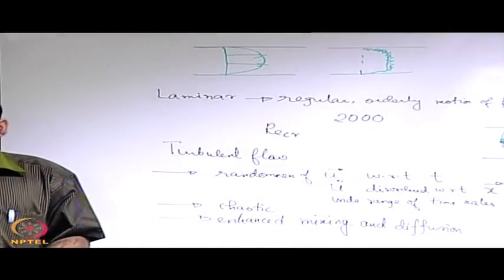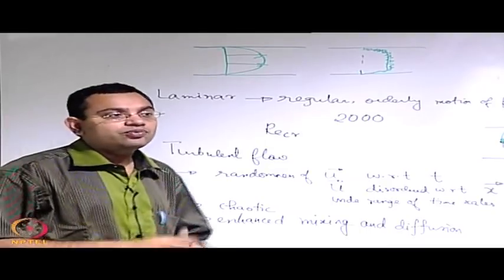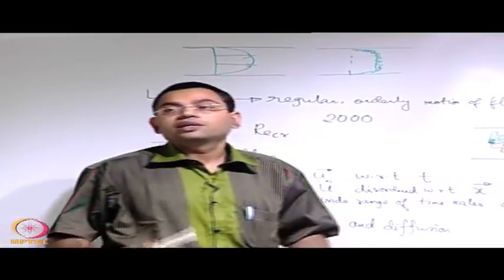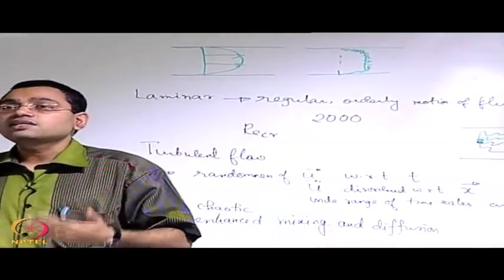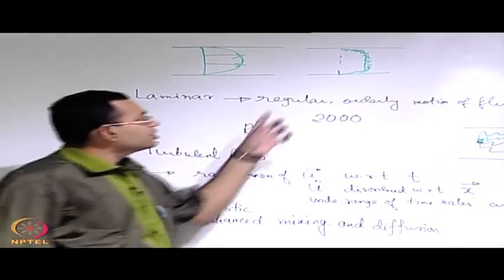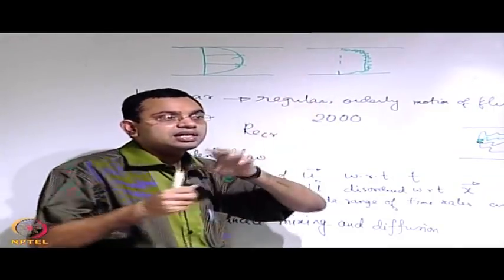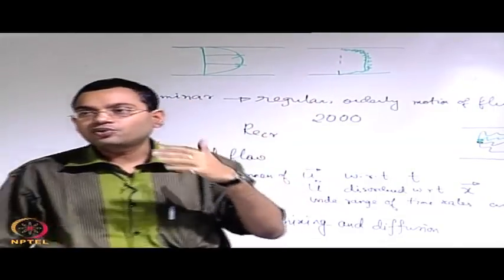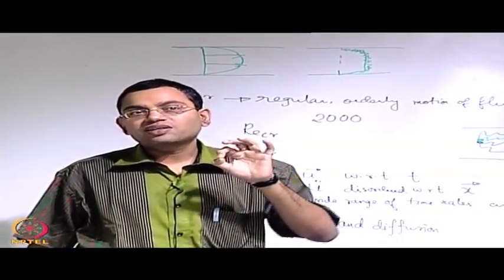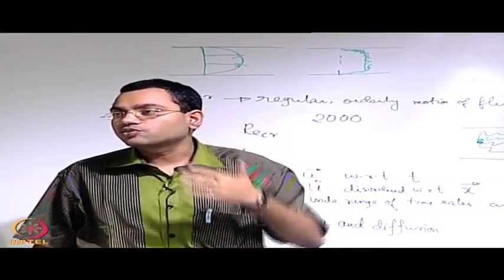So, one of the important things is what is more repeatable or more predictable, and that is the statistical property of turbulence. That means you do not just look into the instantaneous properties, because instantaneous properties will fluctuate, and therefore if you repeat the same experiment again and again, because of a slight change in disturbance those fluctuations will be different.